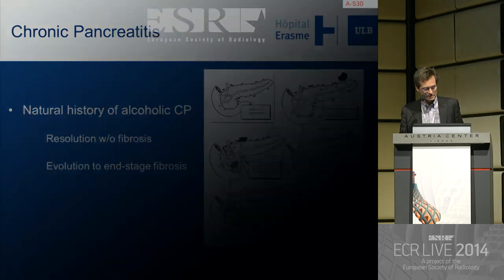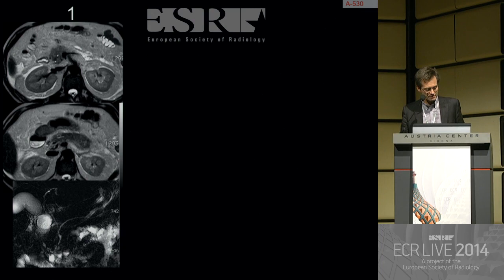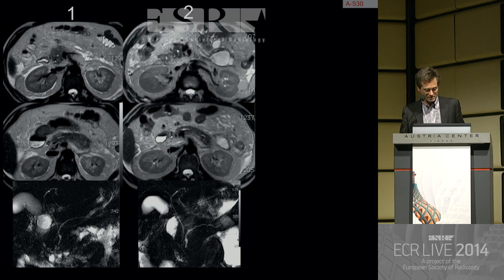Just an example here I can show you. This is the first MR imaging in this peculiar patient. You see that the main pancreatic duct is intact. You clearly have acute pancreatitis changes both in the pancreatic parenchyma and in the peripancreatic environment. And the follow-up of this patient is like in the previous diagram I showed you.